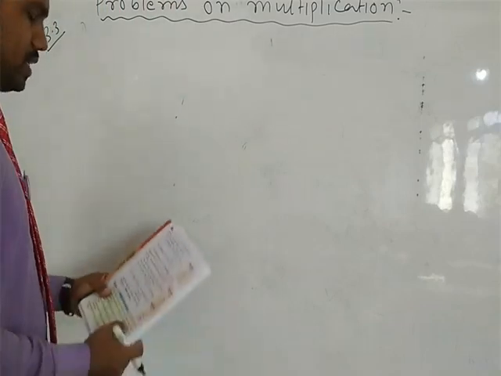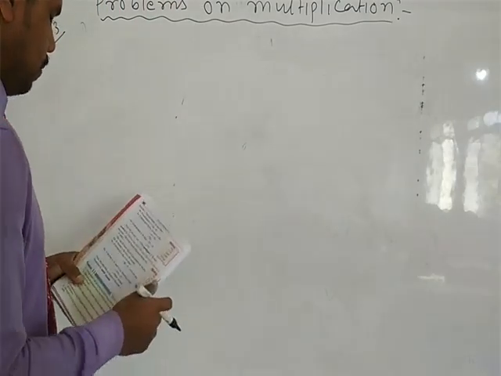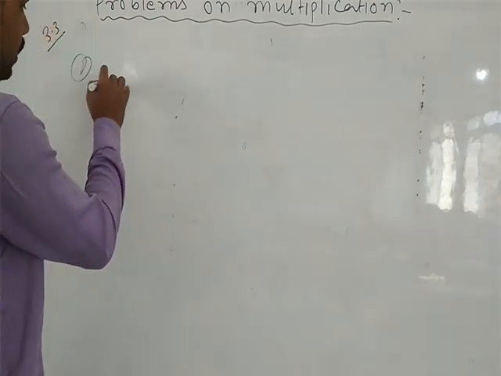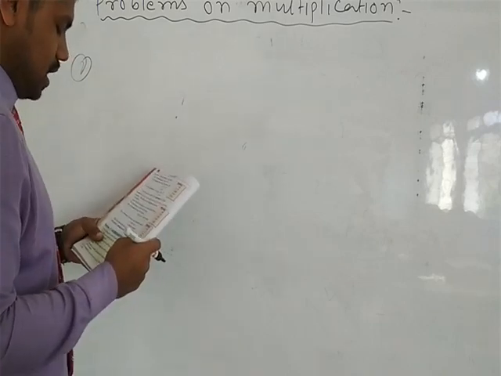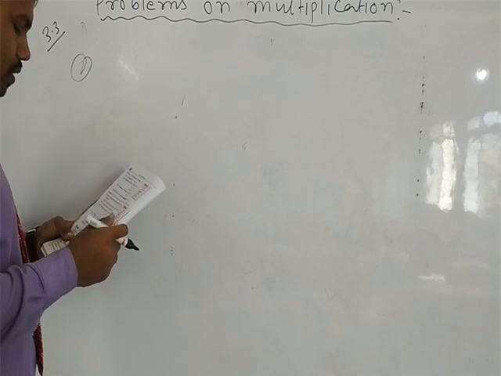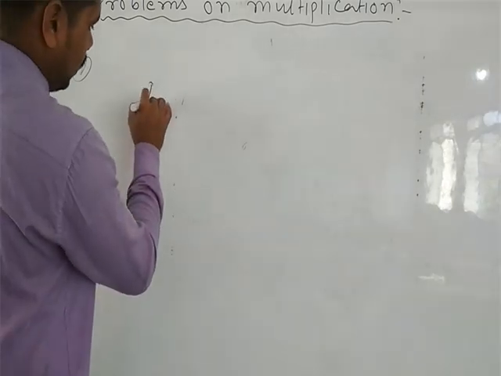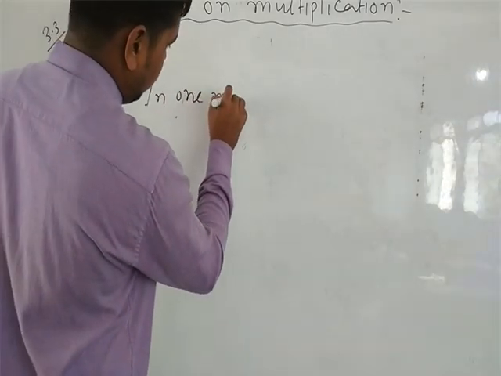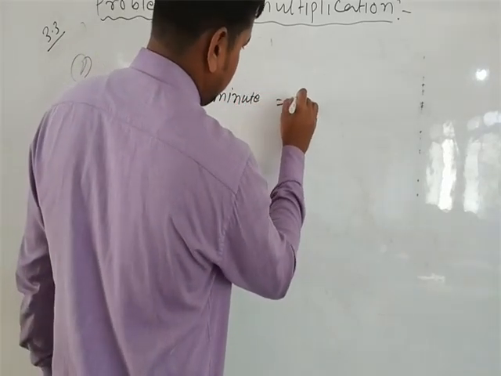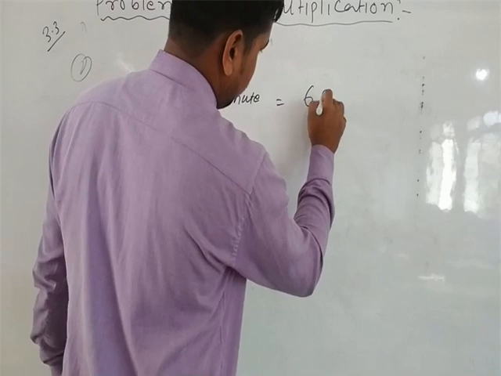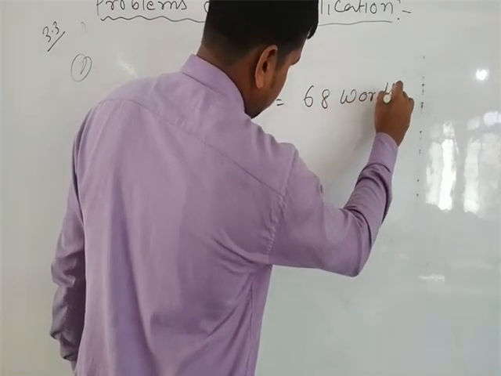So it is given for 2 hours and 20 minutes. In 1 minute, how many words? Sita is typing 68 words per minute.